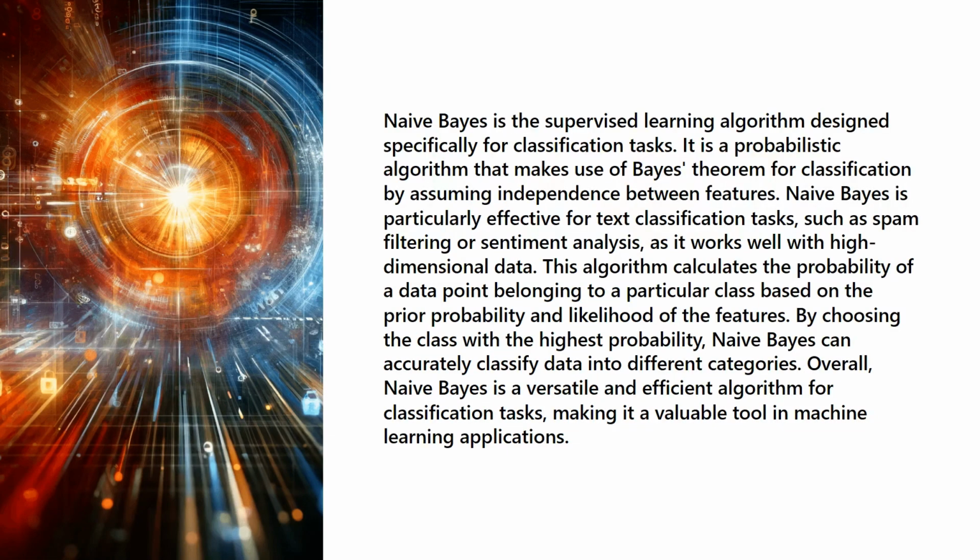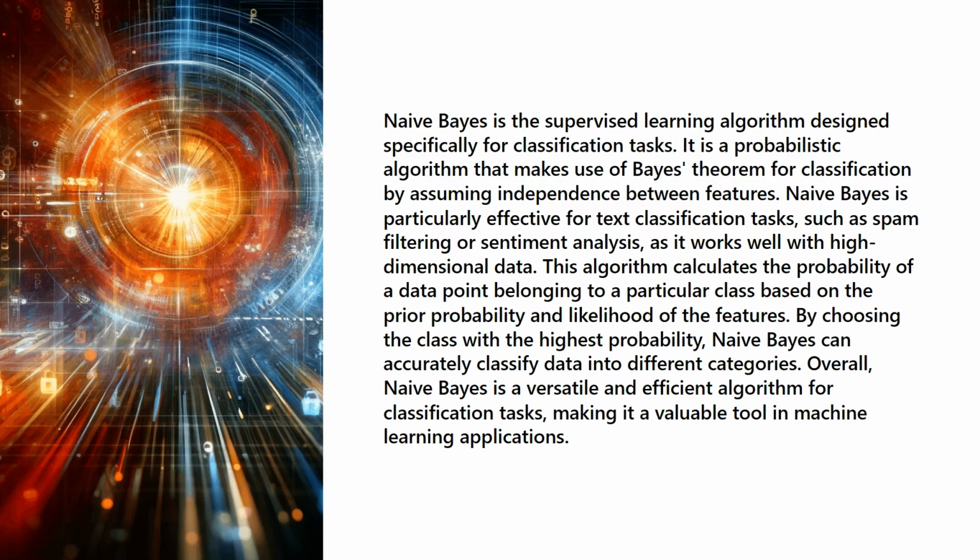Naive Bayes is the supervised learning algorithm designed specifically for classification tasks. It is a probabilistic algorithm that makes use of Bayes' theorem for classification by assuming independence between features. Naive Bayes is particularly effective for text classification tasks, such as spam filtering or sentiment analysis, as it works well with high-dimensional data.